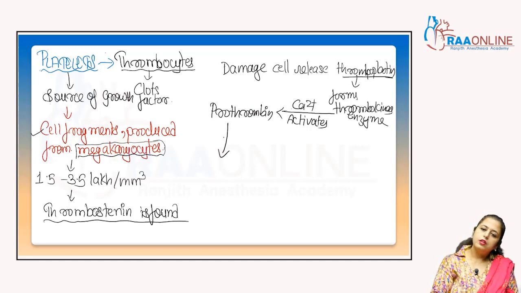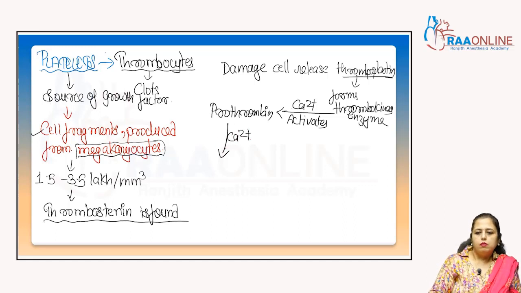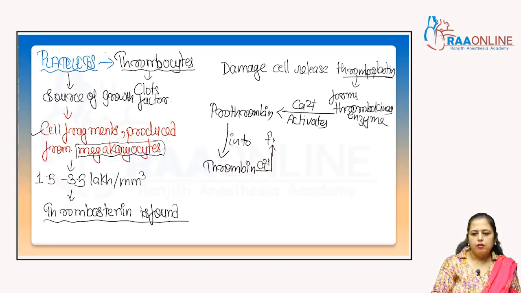In presence of calcium ion, it activates the prothrombin into thrombin, right? Now what will happen? That thrombin, in presence of calcium ion, activates the fibrinogen.